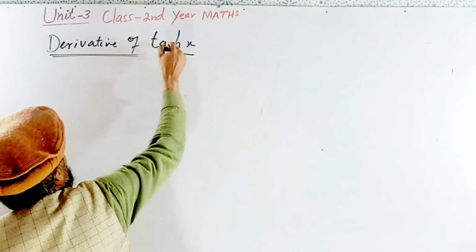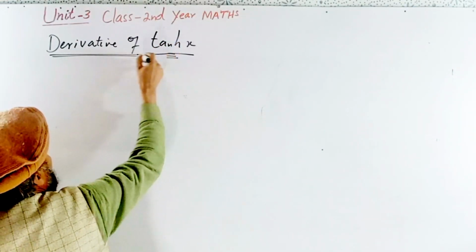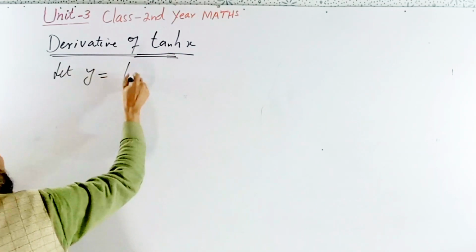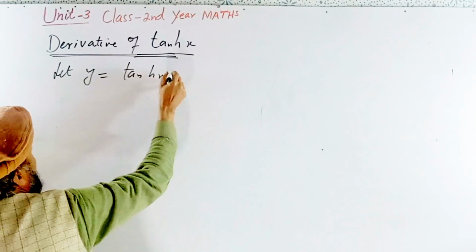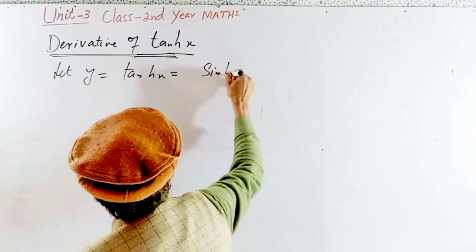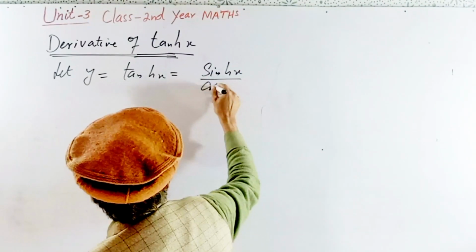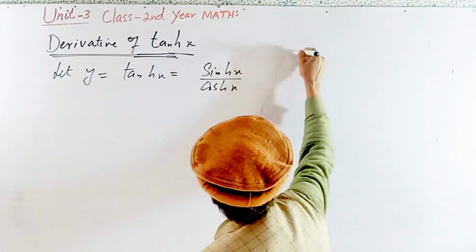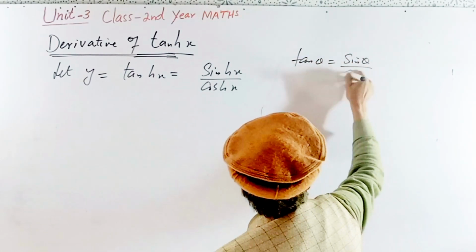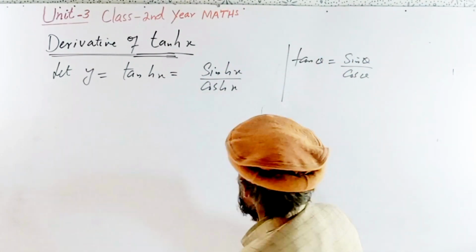Tangent hyperbolic x. Let y equal tangent hyperbolic x. We can write tangent hyperbolic x as sine hyperbolic x divided by cos hyperbolic x, according to the formula tangent theta is equal to sin theta divided by cos theta.